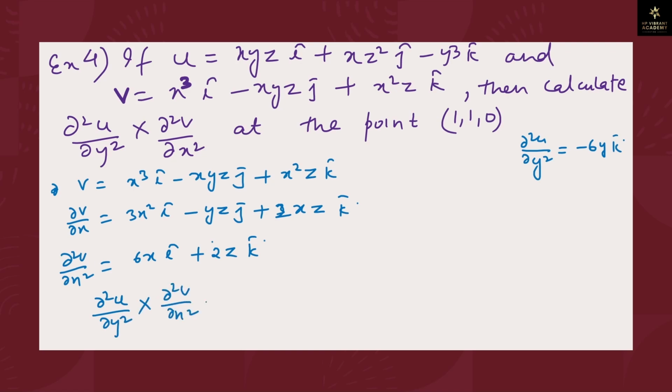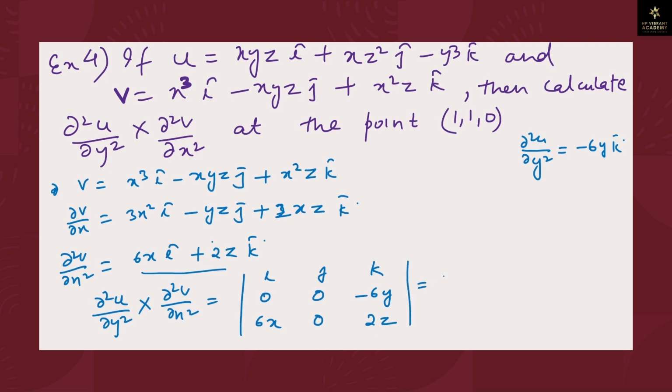Okay, now we have del 2 u upon del y square cross product del 2 v upon del x square is equal to, let us place this is i, j and k, and this is 0, 0, minus 6y is the coefficient of k cap. This is 6x, 0, 2z, these are the coefficients of del 2 v upon del x square.